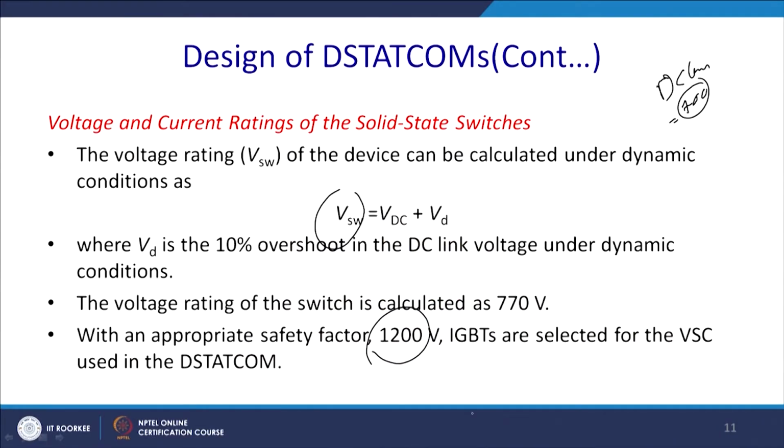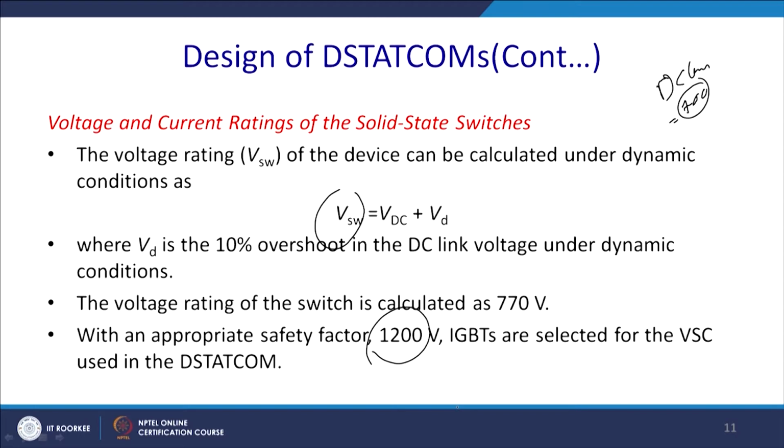So, we will choose a factor of safety. Generally we expect that this DSTATCOM will have a lifespan of around 10 years, and thus choosing a safety factor of more than 1.5 will ensure that, and we can choose the closest to this value as 1200 volt. The IGBT is selected for its PCC rating.